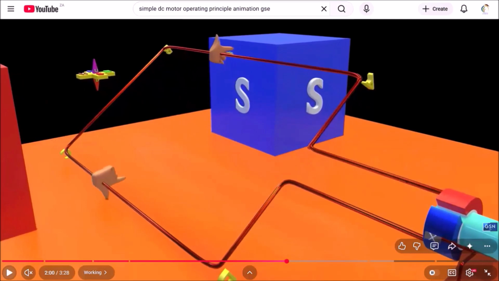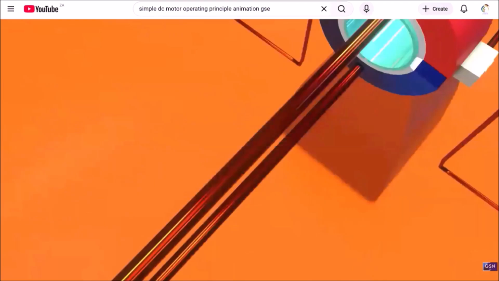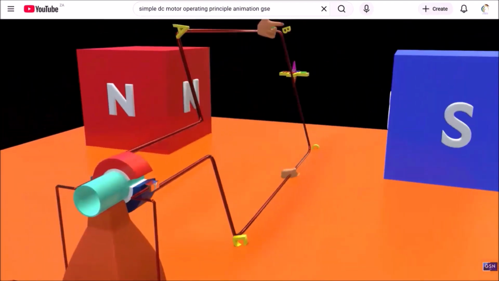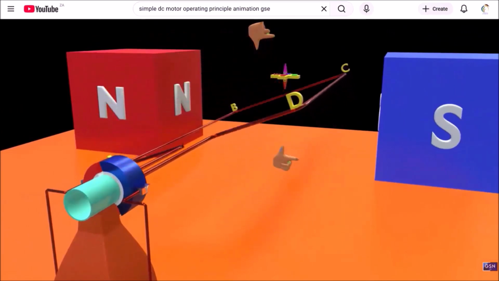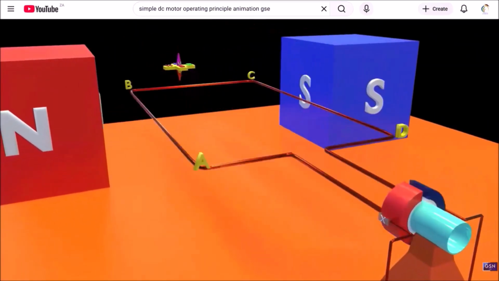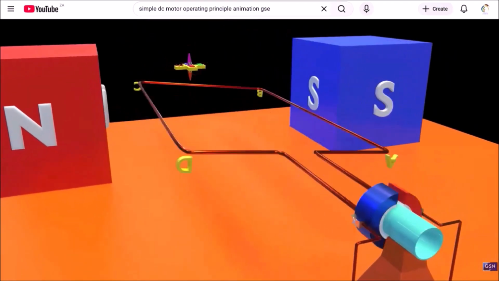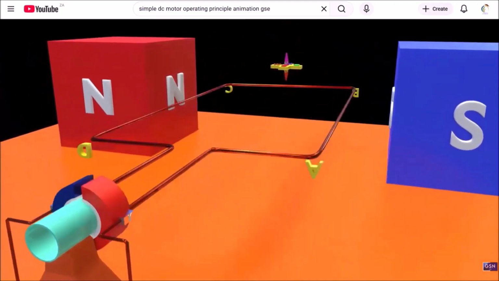So the split rings enable us to have continuous rotation. So every half turn, the current changes and the rotation is maintained.